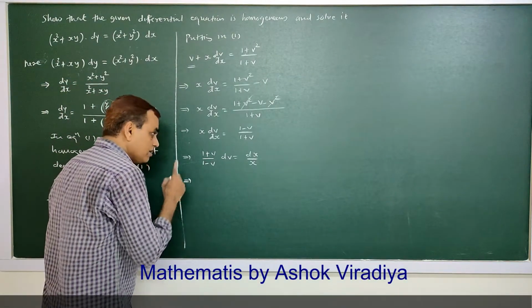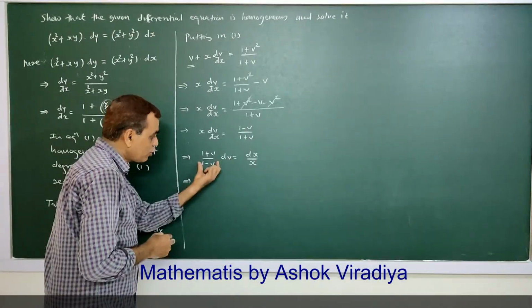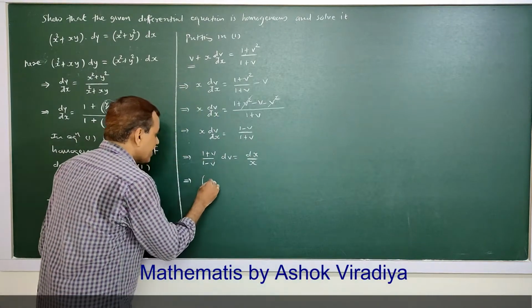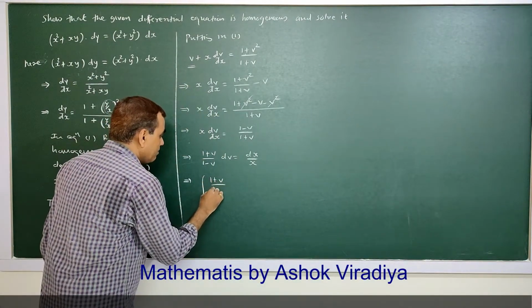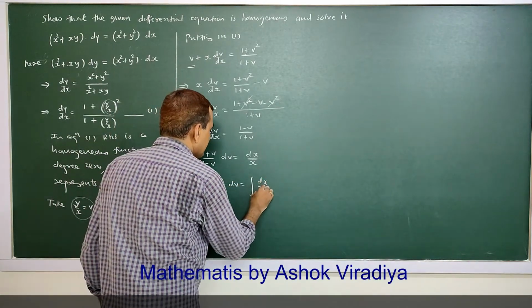Then this is variable separable form, the dv side a function of v and the dx side a function of x. Now integrating on both the sides, (1 plus v) upon (1 minus v) dv, and dx upon x.